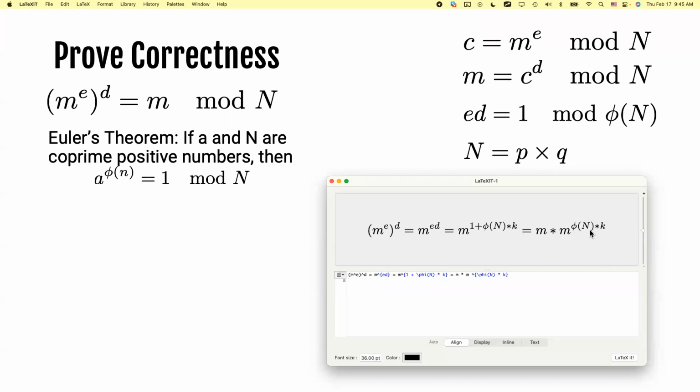So we plug this part into Euler's theorem. But it says a and n have to be co-prime, and we don't know that here. What if m is not co-prime with n?